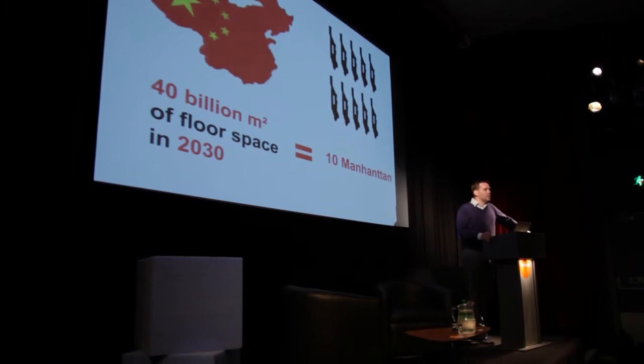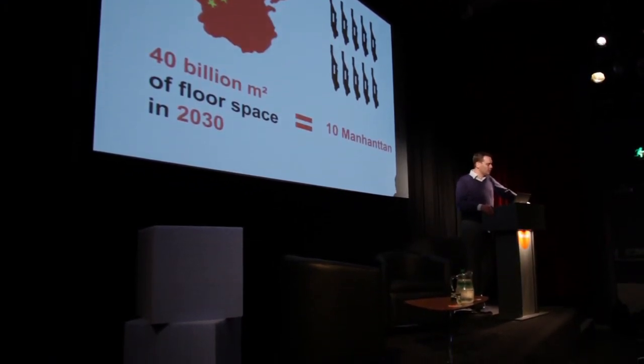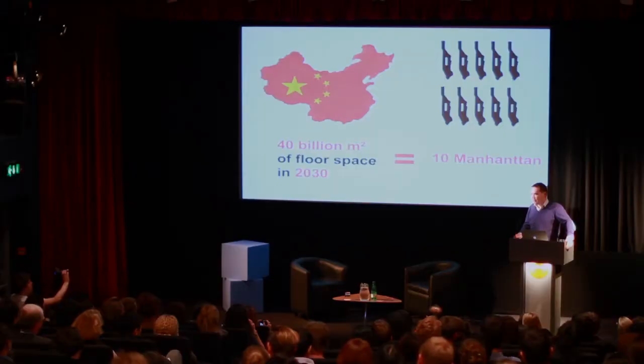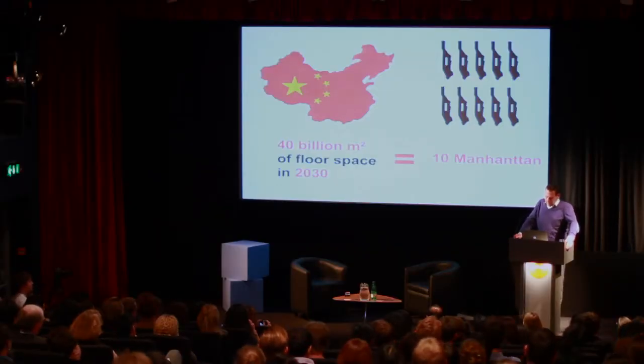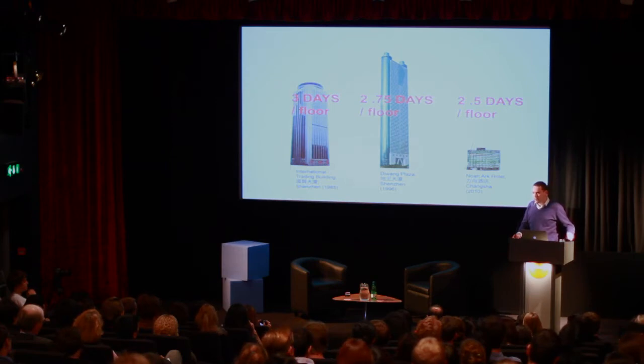To put it in perspective, 40 billion square meters of GFA are planned up till 2030 just in mainland China. That is 10 times the size of Manhattan and everything that is on it, which is pretty significant. If you then look at the speed of the buildings themselves, these are just examples from already 3 to 4 years ago.